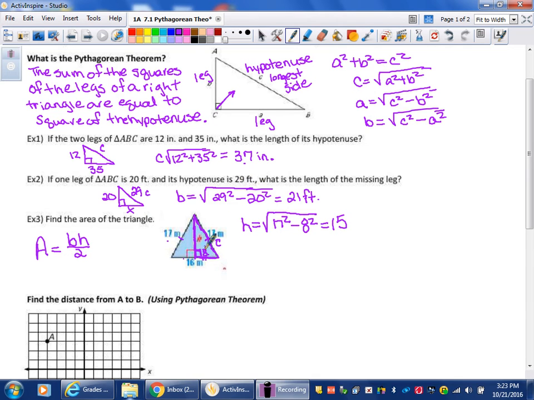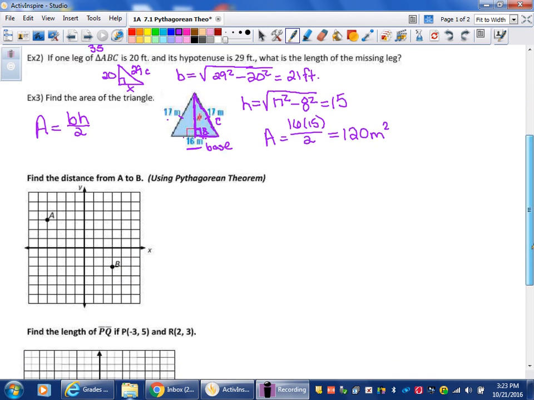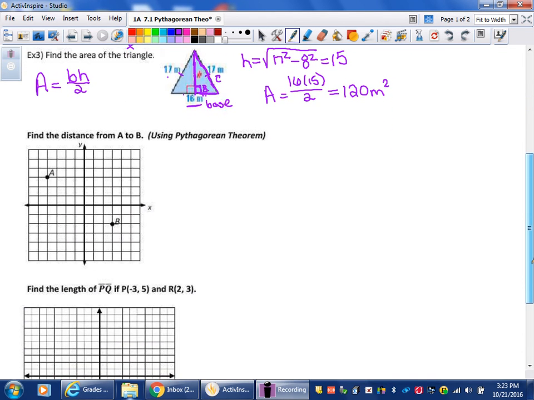Now that I have my height and I have my base of 16, this is my base, okay, I can find my area simply by doing 16 times 15 and dividing that by 2. And that gives me 120 meters squared. Okay. I know we haven't gotten into area yet, but that is how you would find your area.